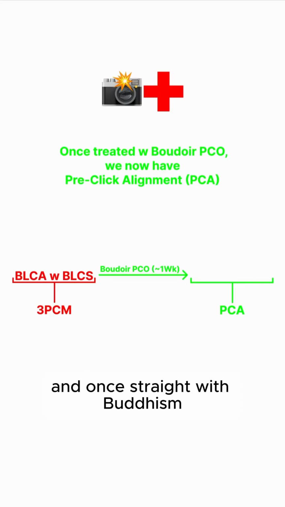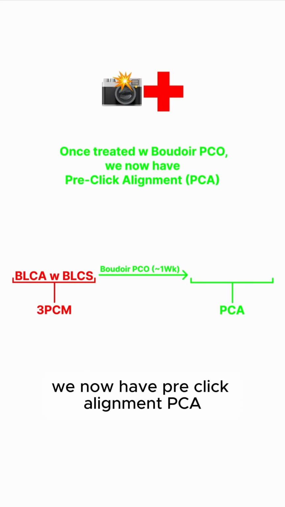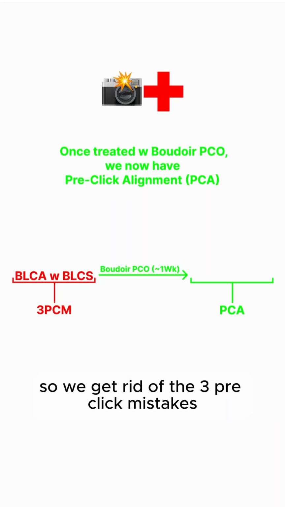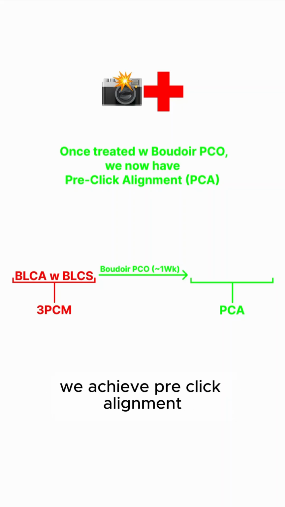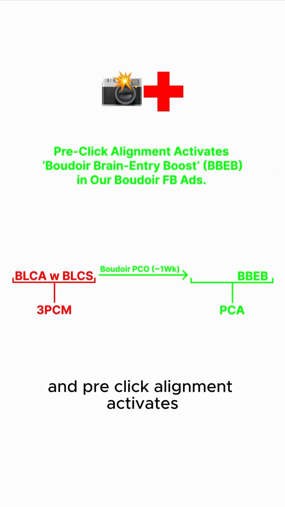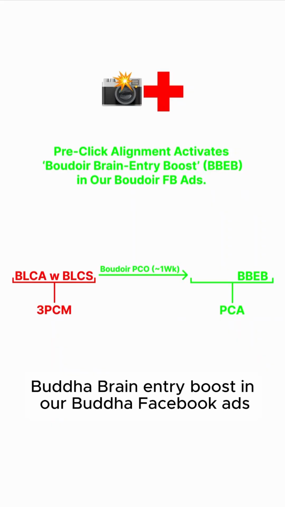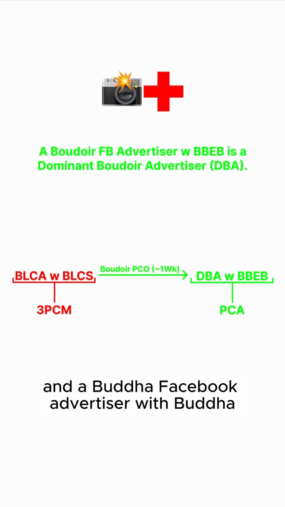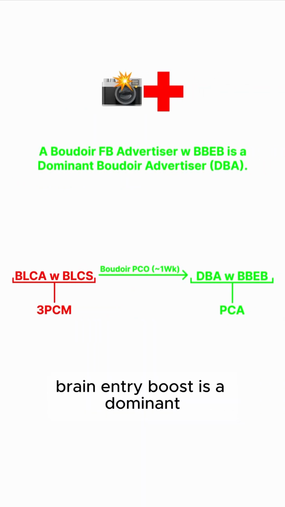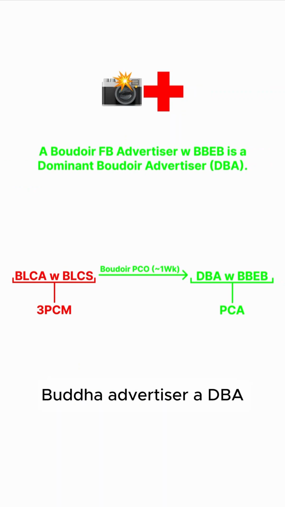Once treated with Boudoir PCO, we now have pre-click alignment, PCA. So we get rid of the 3 pre-click mistakes, we achieve pre-click alignment, and pre-click alignment activates Boudoir brain entry boost in our Boudoir Facebook ads. A Boudoir Facebook advertiser with Boudoir brain entry boost is a dominant Boudoir advertiser, a DBA.